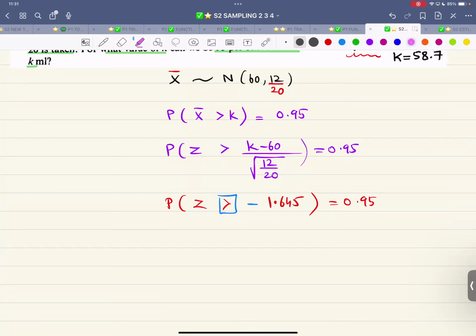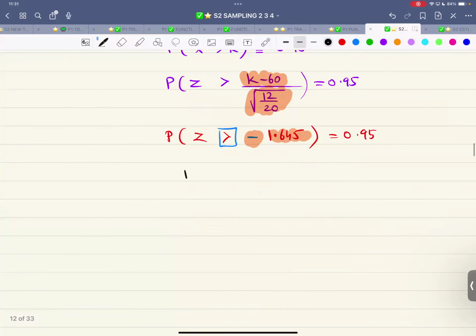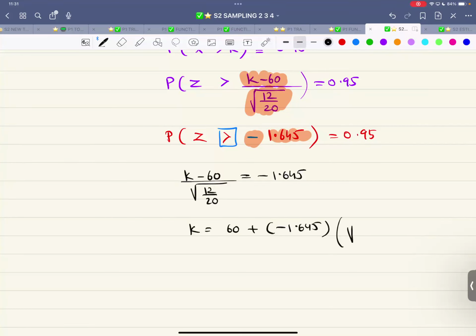We are comparing this thing, which is k minus 60 over square root of 12 over 20, equals negative 1.645. Therefore, k is equal to 60 plus negative 1.645 times square root of 12 over 20. We use a calculator and then we get the answer.